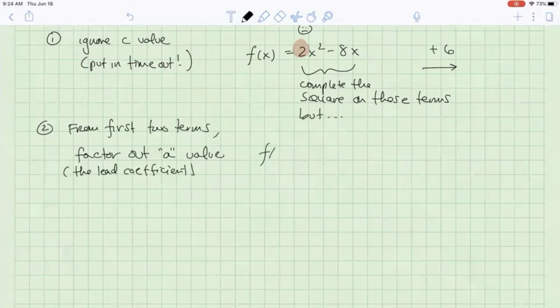And so for us, that's f of x is equal to 2 times x squared minus 4x, and then we still have that plus 6 on the end.